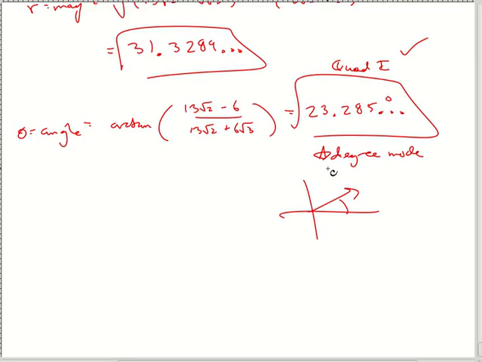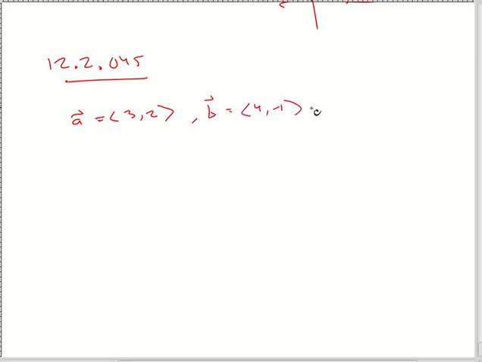Okay, I have one last question for this section, so here we go. 12-045. Okay. This one actually takes a minute. So I got 3 vectors, A, B, ooh, that's a terrible B. That's a little bit better. So that's a 4, -1.